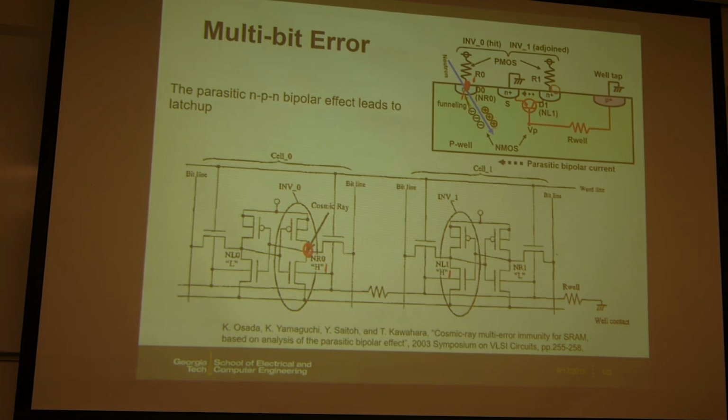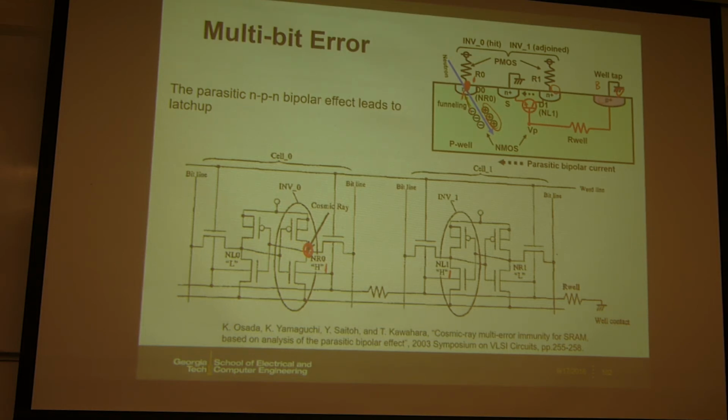But where do the holes go? That's a question. Holes are positive charge, so they want to go to lower potential. What is the lowest potential in this circuit? The body, right? The body has a body contact somewhere, P plus, and the body contact is always grounded. So the holes try to find this terminal to ground, to sink to that ground.